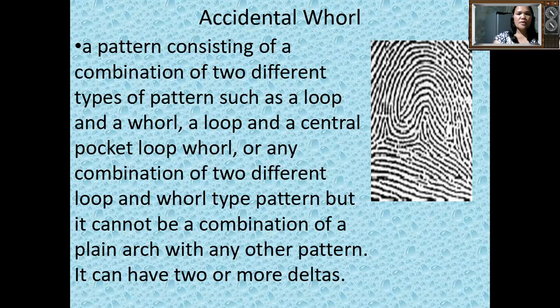So with the presentation of these different types of fingerprint patterns, you will now be guided in your laboratory activities, in which you are going to determine the types of pattern. We will also be recording fingerprints, and your respective fingerprints would have its pattern, and you will be the one to identify it based on the patterns that were presented.